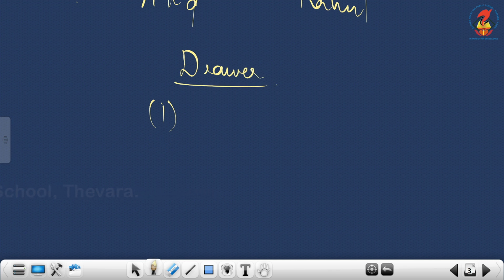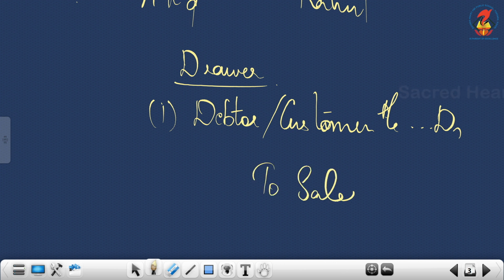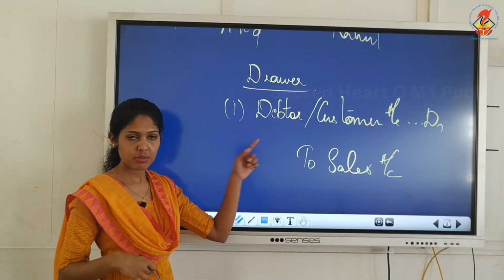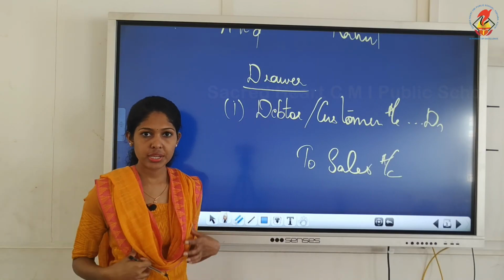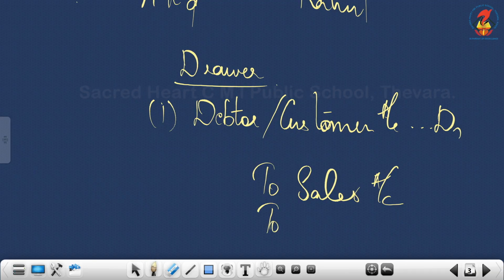They will write debtor's name, that is Rahul, or since it is a specimen entry, we will just write debtor, or the customer's name. Debtor to sales account, isn't it? Since it is not a cash sale, we'll write debtor's account debtor to sales account. So that is the common or simple entry.